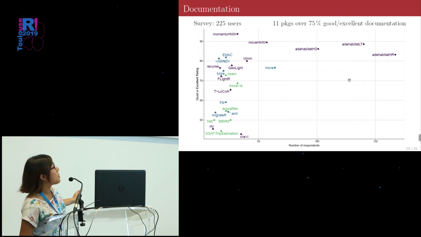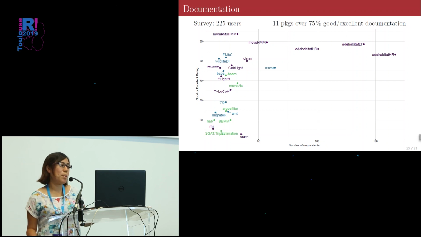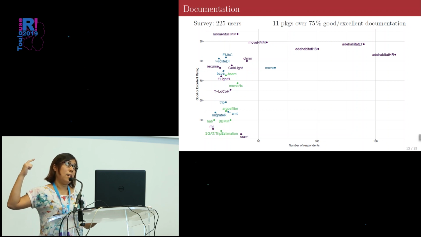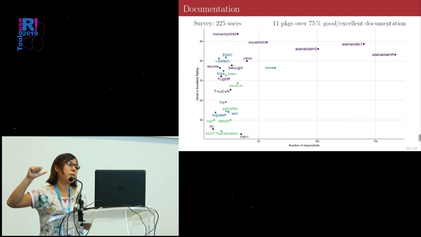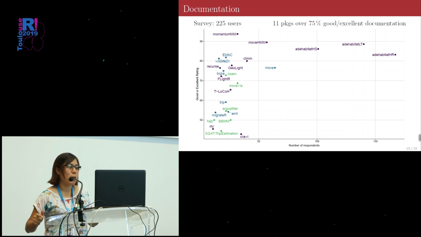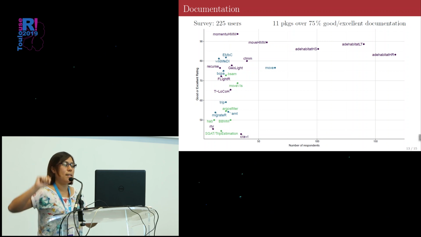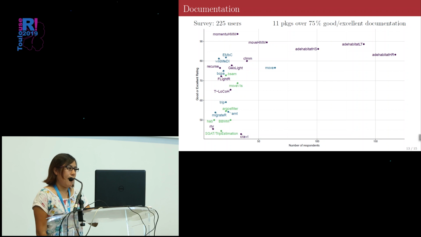And if you're wondering about the different colors, the purple ones are packages that have standard documentation, vignettes, and papers. The blue ones are standard documentation and vignettes, and the green one, just the standard documentation that you get when you use help on the package.